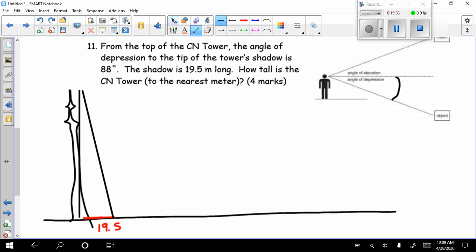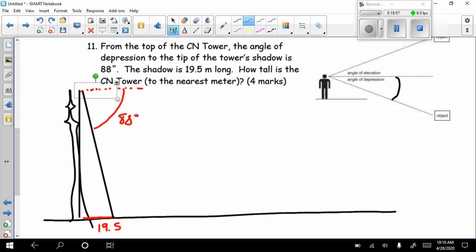Okay, so here we go. So I'm just going to draw a line going straight across here. So remember, the angle of depression is, as you look, it's this one right here. So that is 88 degrees.